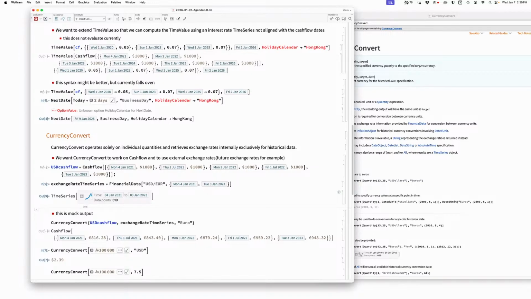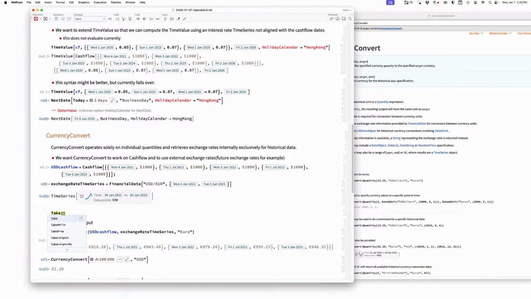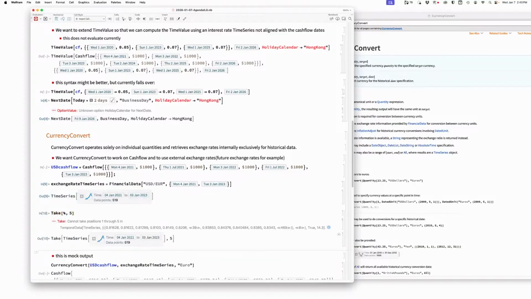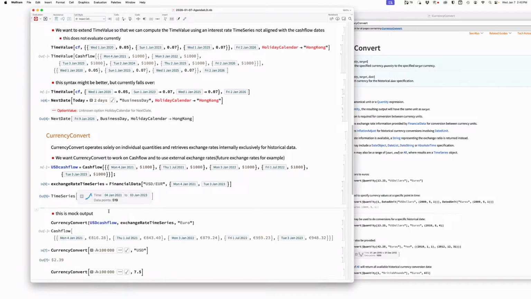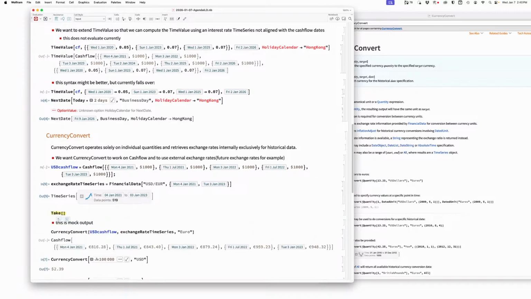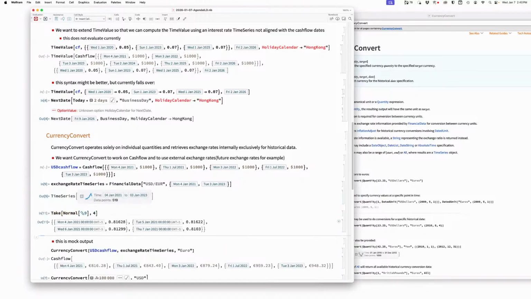But the question is the units here. I don't know how to do this. Okay. You just want values, right? Yeah. Okay, so it's just numbers, right? Yeah, from financial data, it's not giving you the units at the moment.